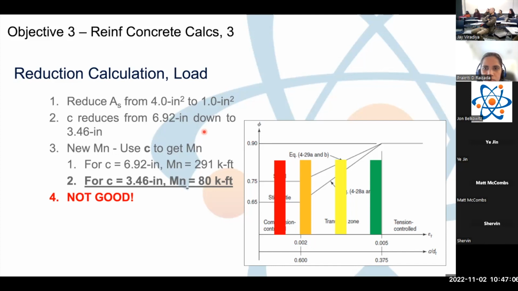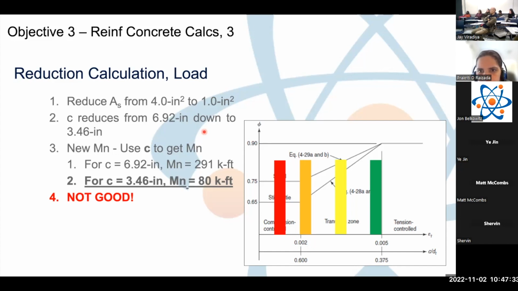You can get more detailed on the equations, but when it comes down to it, the basics show us where the concerns lie. And as it turns out, yeah, it's not good that we lose 80 kip or we lose 210 kip feet of allowable load for every linear foot of our concrete beam.